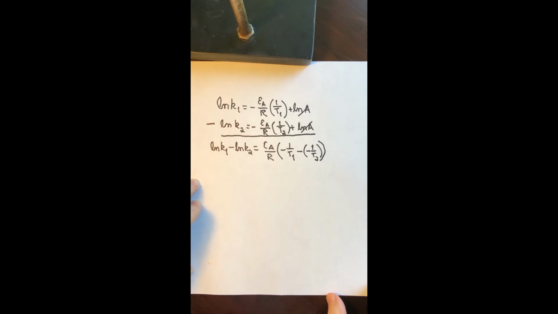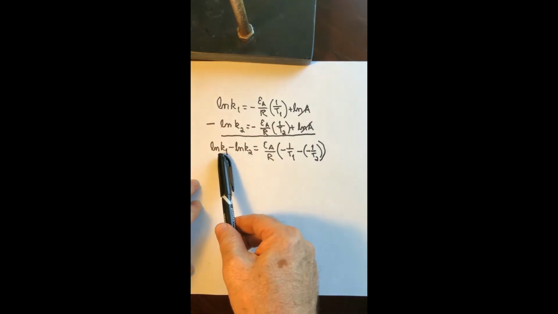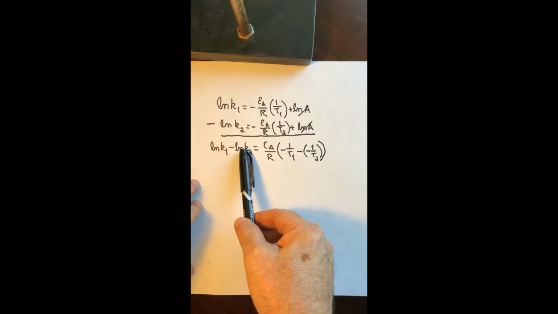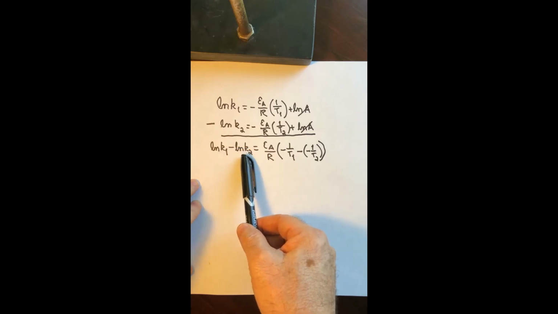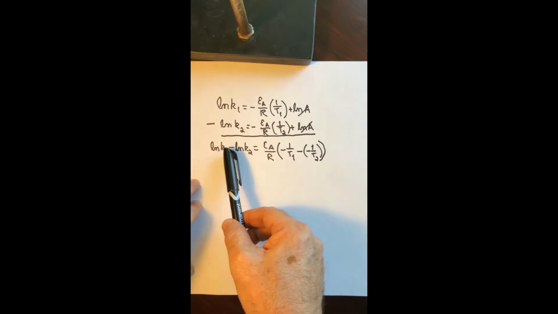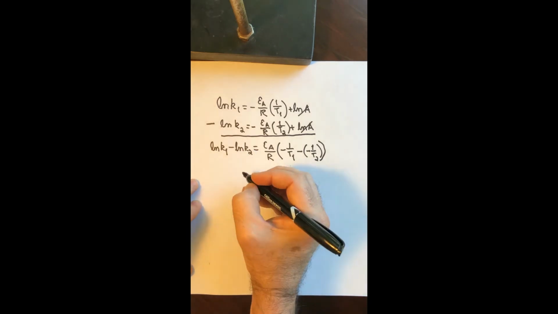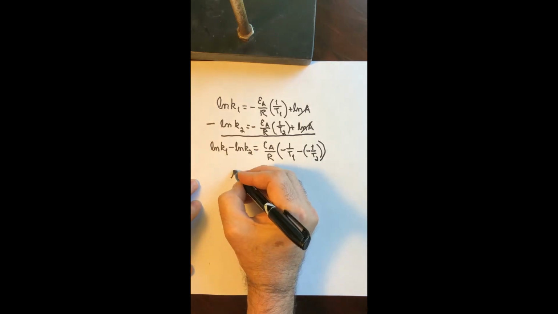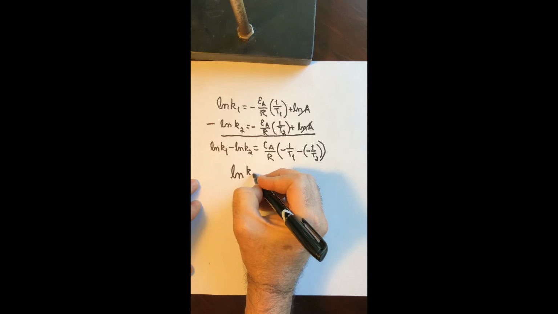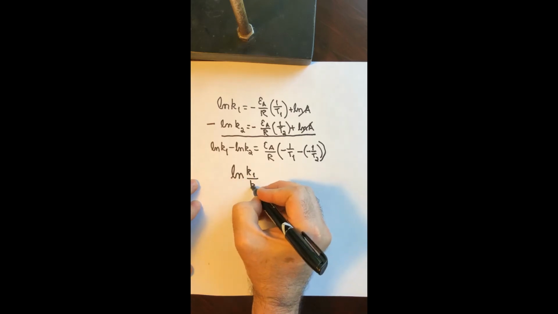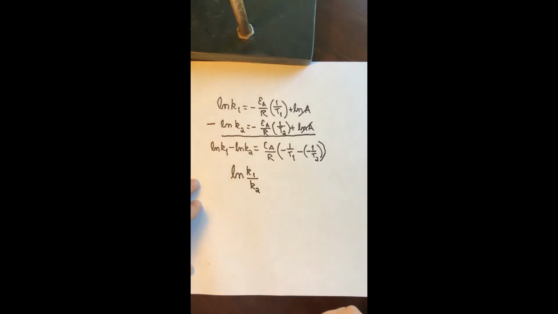Let's do a couple of things here now. Remember that when you have the logarithm of one value minus the natural logarithm of the other one, that is the same as taking the logarithm of the ratio of both of them. So I'm going to rewrite this as ln of k1 over k2.